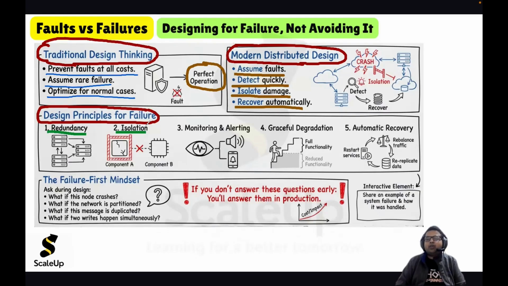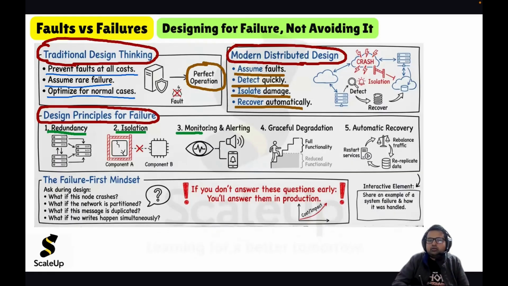Only whatever dependencies component B had on component A might fail, because component A has crashed. So component B might face some challenges, but all the independent functionalities of component B will keep on running.